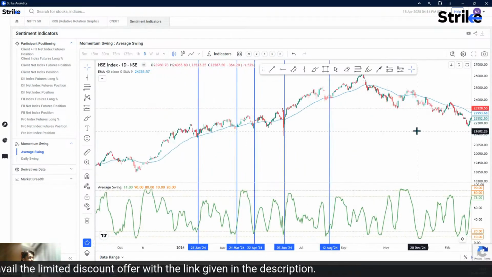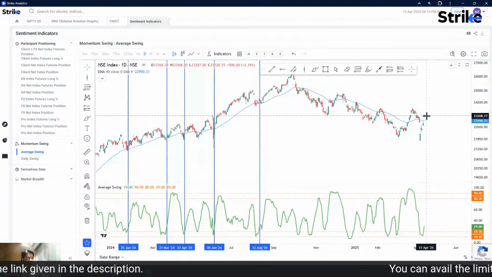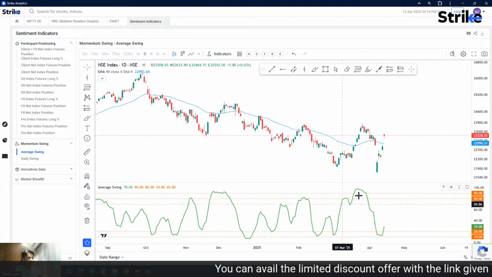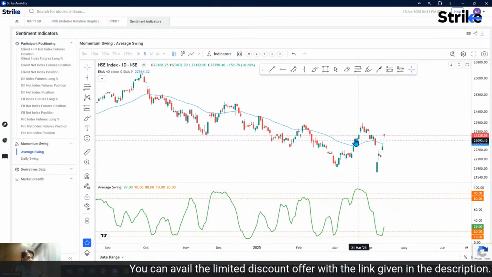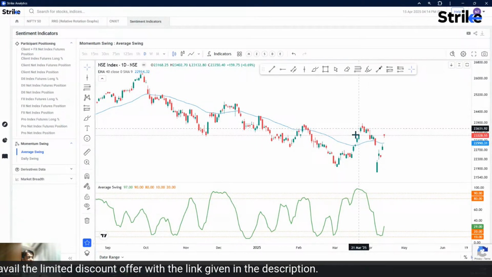Something like this has happened, that Nifty is above the 40 EMA. Last time when Nifty went above the 40 EMA, average swing was in the overbought territory, so it was a very difficult situation.